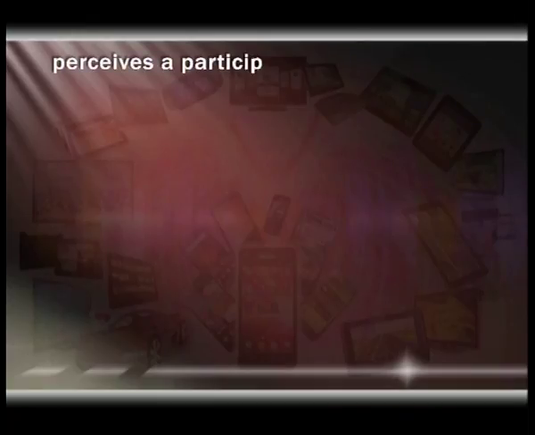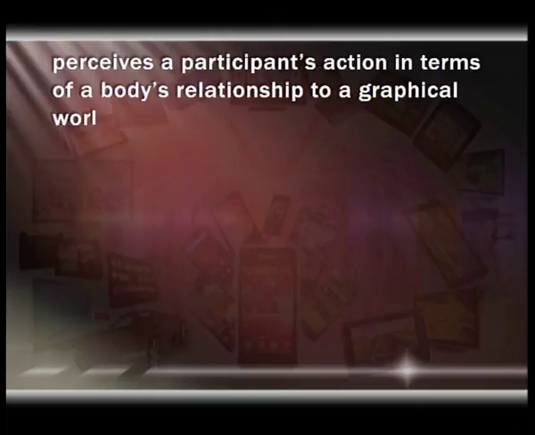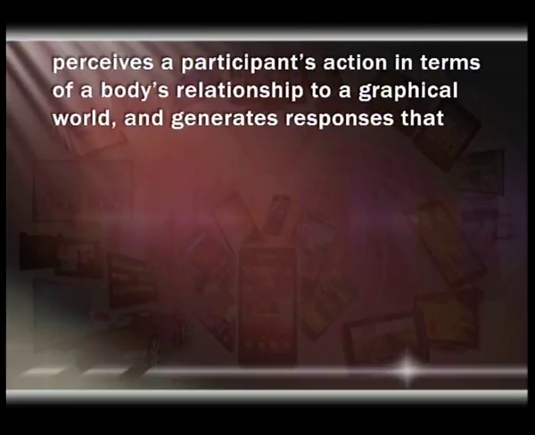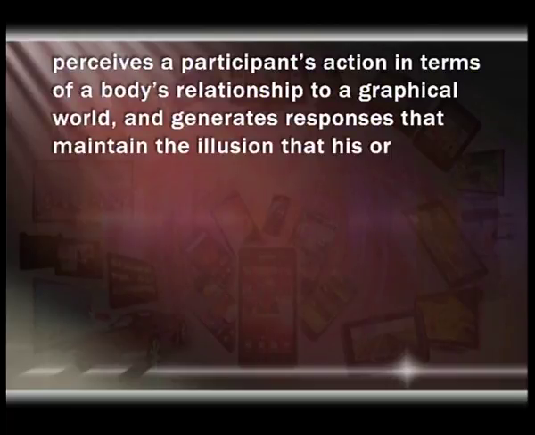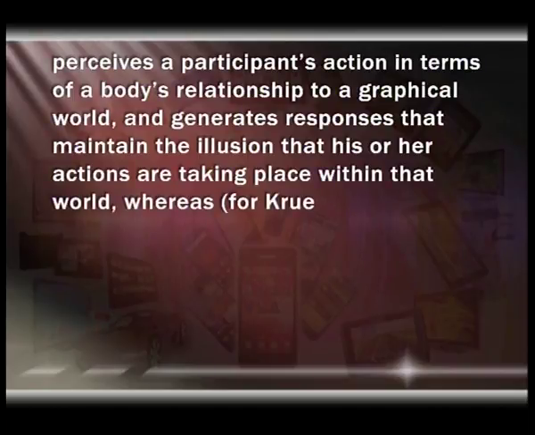Part of the attraction of artificial and virtual realities is that they allow us to go beyond the limits of what is real. Artificial reality, as defined by Kruger, 1991, perceives a participant's action in terms of a body's relationship to a graphical world and generates responses that maintain the illusion that his or her actions are taking place within that world.